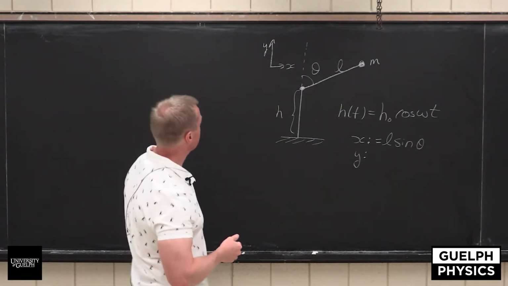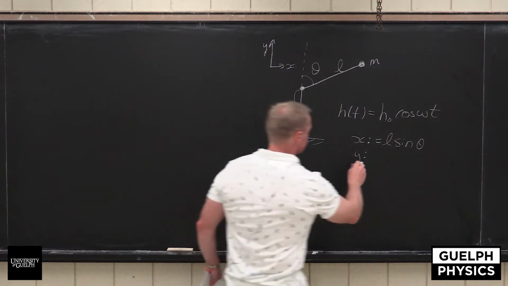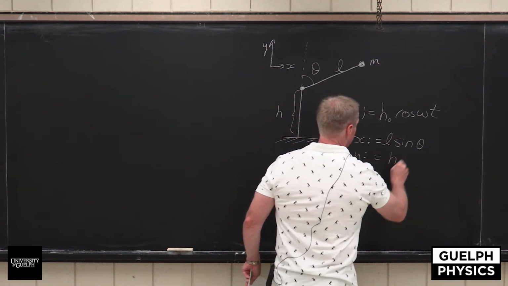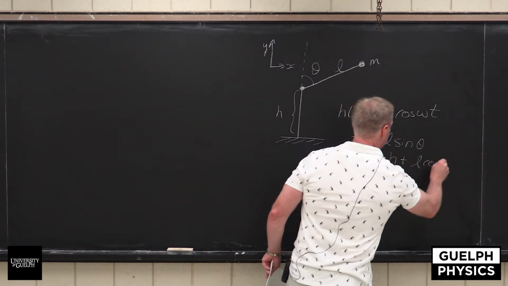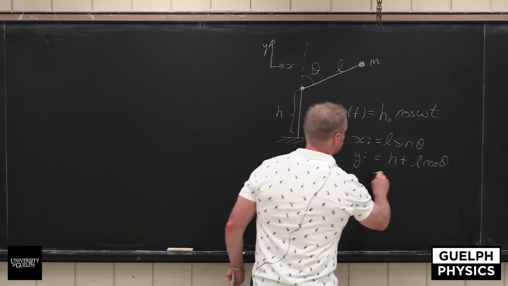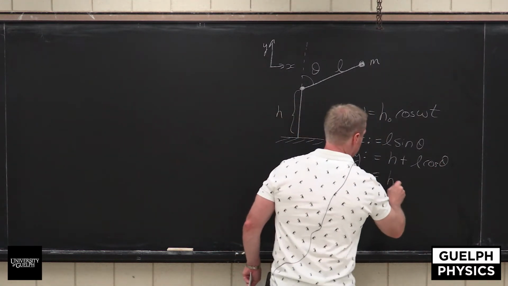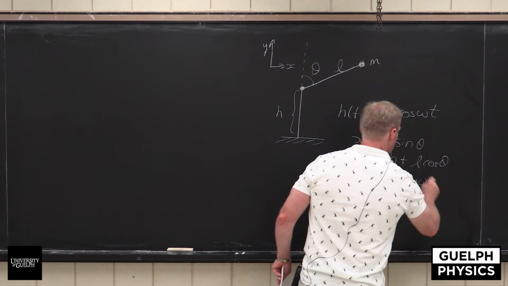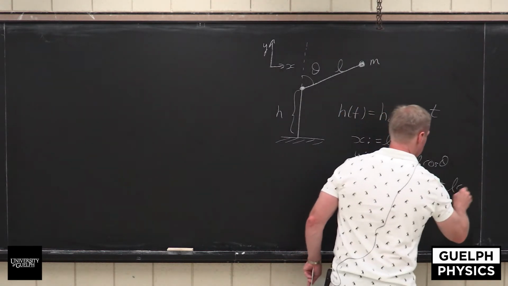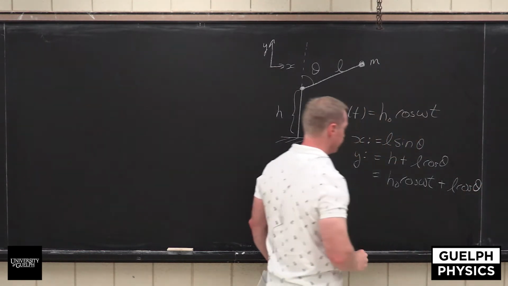Had to stop and think about that for a moment. And y is given by h plus L cosine theta, which is our h naught cos omega t plus L cos theta.